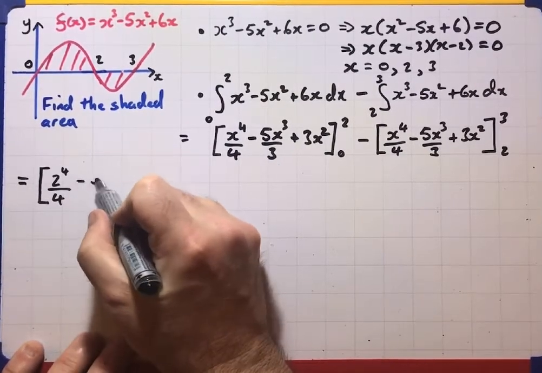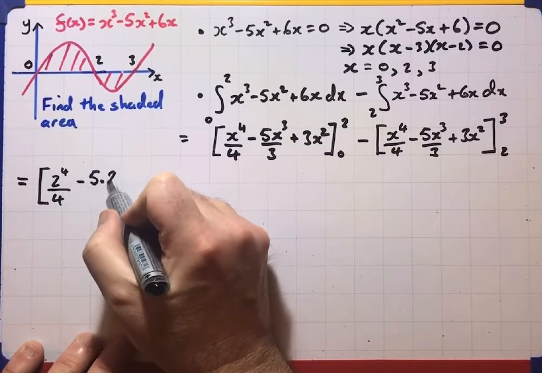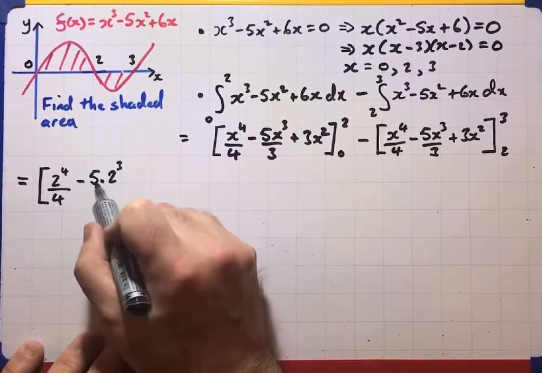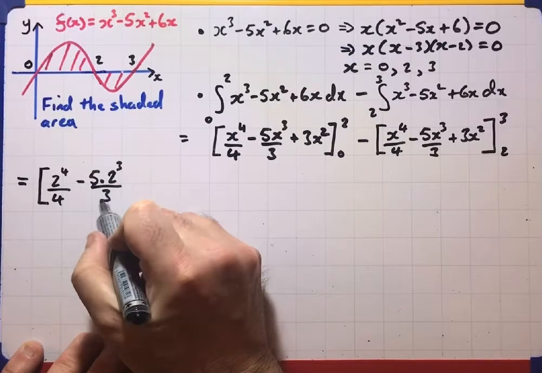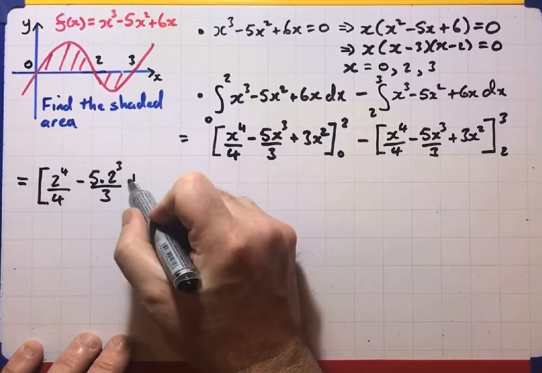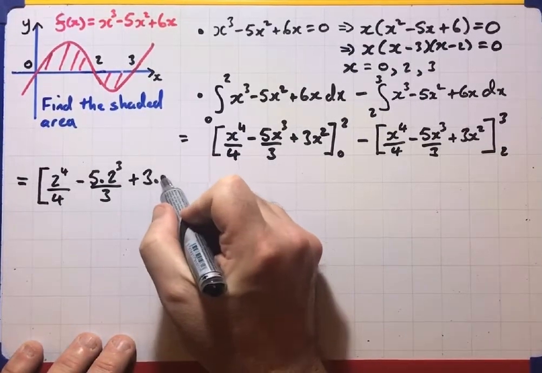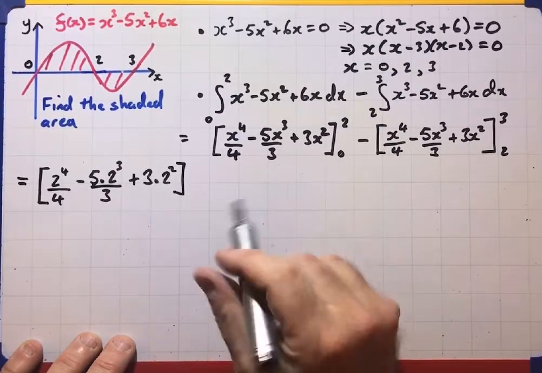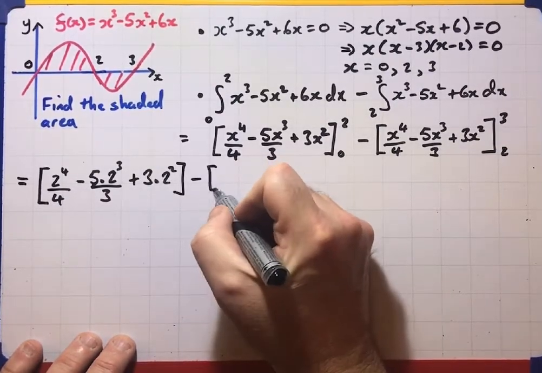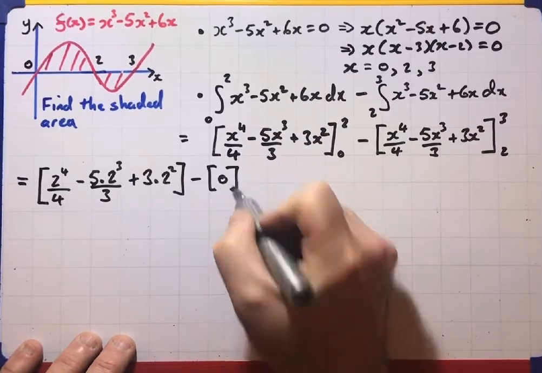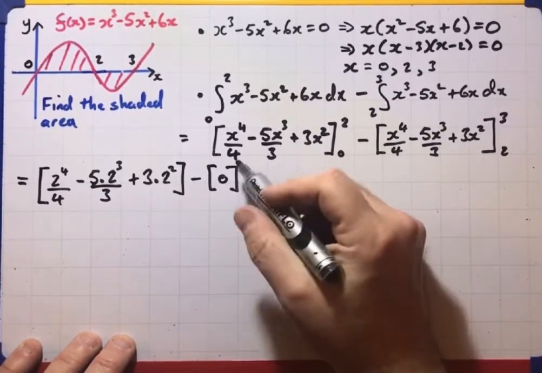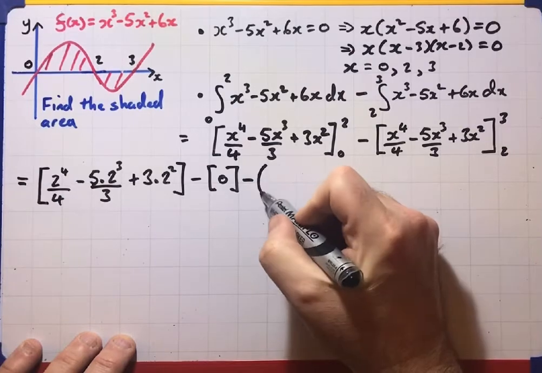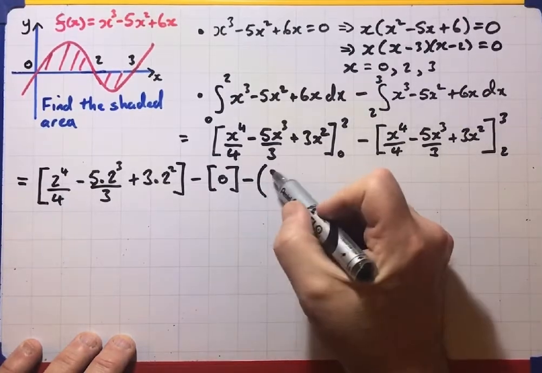Take away 5 times 2 cubed over 3 plus 3 times 2 squared. If we're putting in 0 for this, that's just going to give you 0. So we can put that in like that. Take away this other bit here, so let's put it in a bracket.